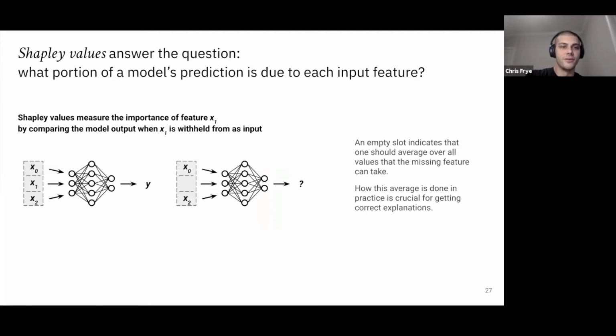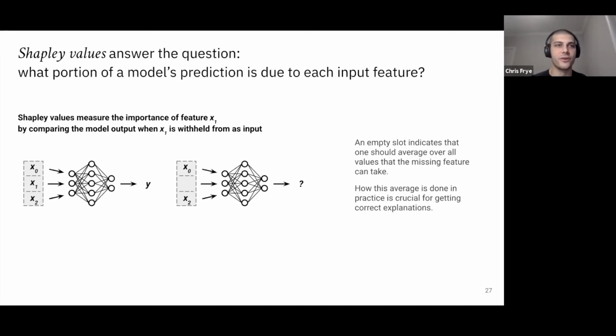Take this example of a model that has 3 input features, x0, x1, and x2. In order to determine, for example, the importance of feature x1 towards the model's prediction of y, a Shapley calculation would involve withholding x1 as an input and measuring the effect this has on the model's prediction.